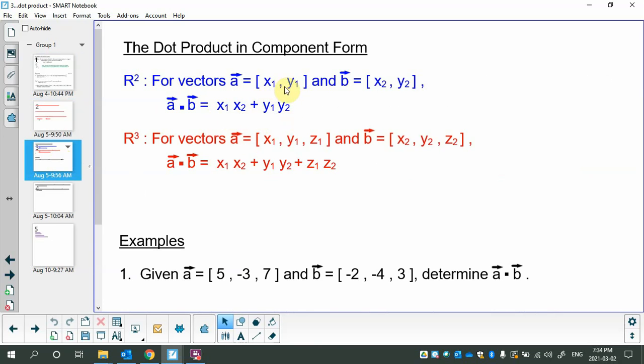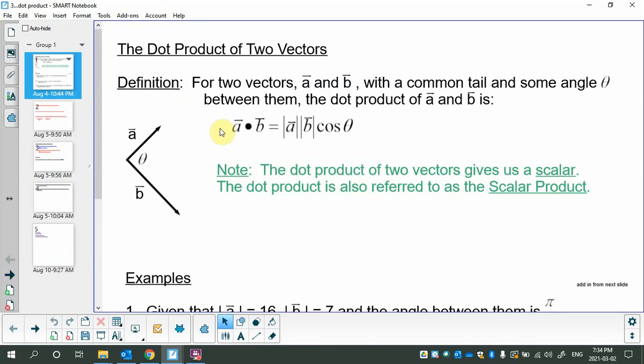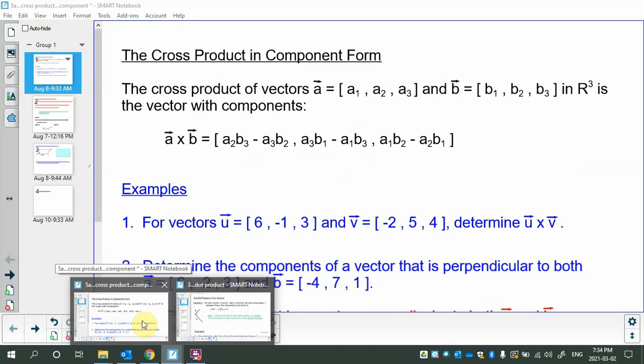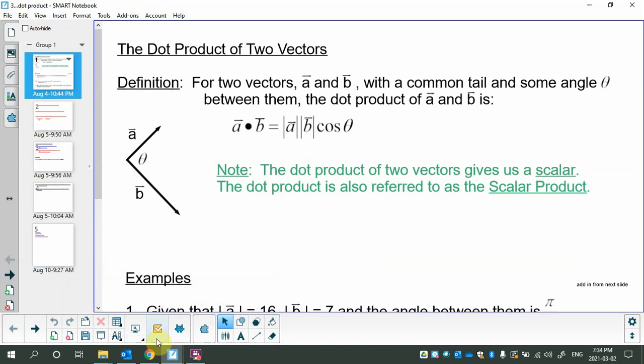And remember that these pieces of information are not coordinates, they're components, which is why this is what's used for dot product in component form, and this is the formula that you use for dot product when you're given an angle between two vectors.